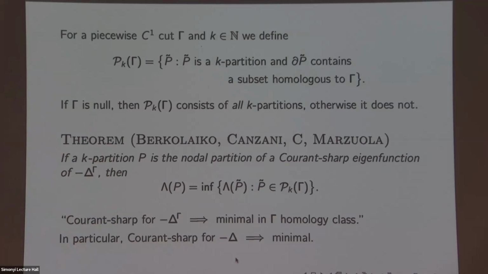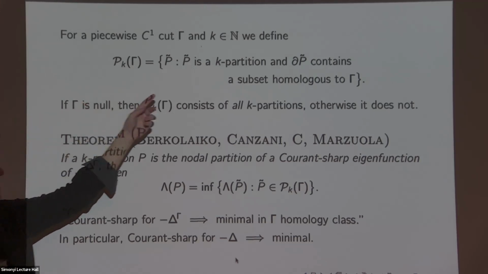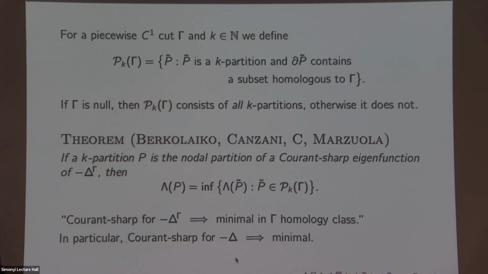And it's important in this definition, again, that I'm requiring the boundary set of P not to be homologous to gamma, but just to have a subset homologous to gamma. So for instance, if gamma is null homologous, well, the boundary set of every partition contains a subset that's null homologous.